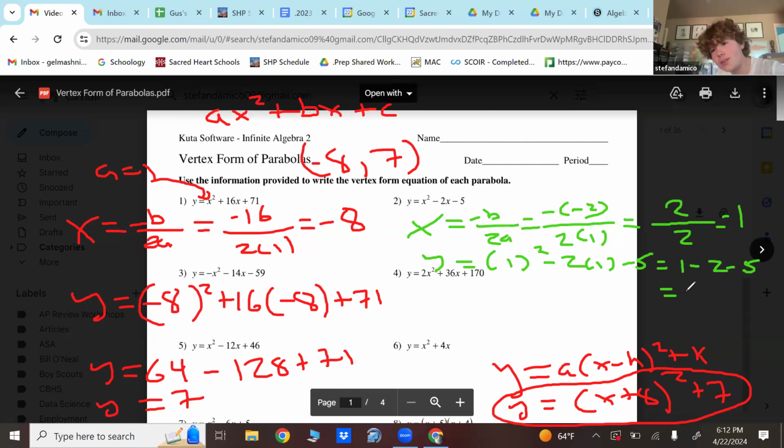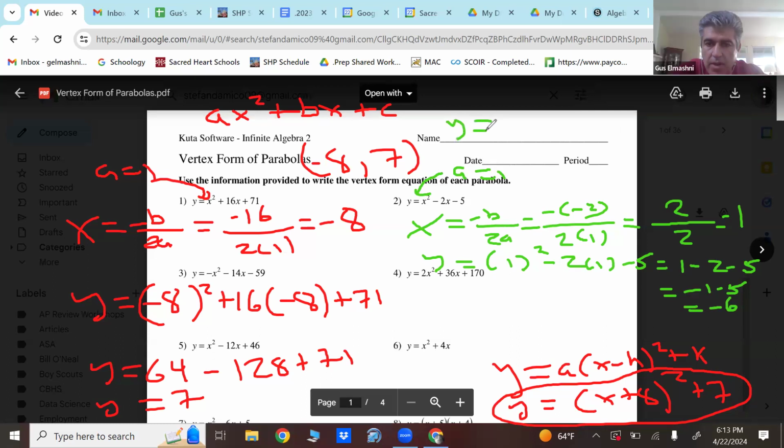Negative 1. What's negative 1 minus 5? Negative 6. Right. And what's the leading coefficient here? a is 1, right? So your equation is y equals x minus 1 squared minus 6. Okay, so that's how you handle those problems.